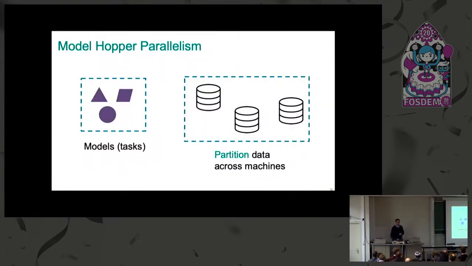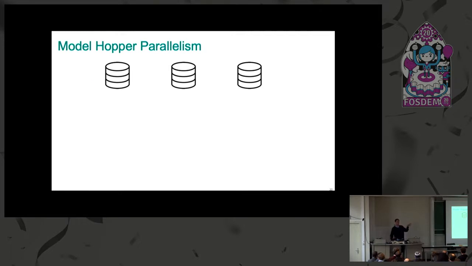The way you start this problem out is it's the same as the data parallel approach. So what you want to do is you don't want to copy your data to each of your worker machines. You want to partition it or shard it. So that's the way you start, in the same way that you do with data parallel. So you've got data on these different machines.